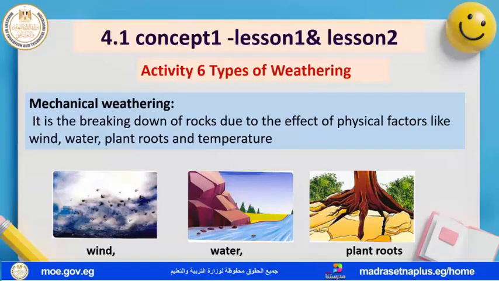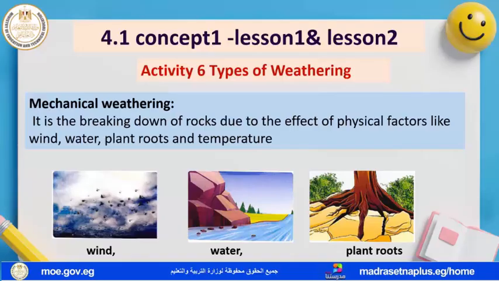Mechanical weathering is the breaking down of rocks due to the effect of physical factors like water, wind, plant roots, and temperature. We have four physical factors: wind, water, plant roots, and temperature.